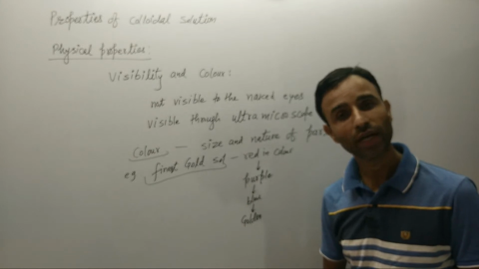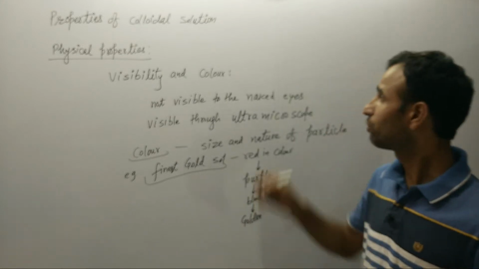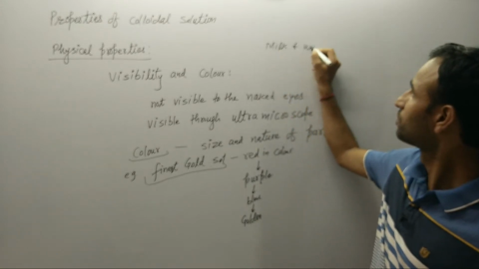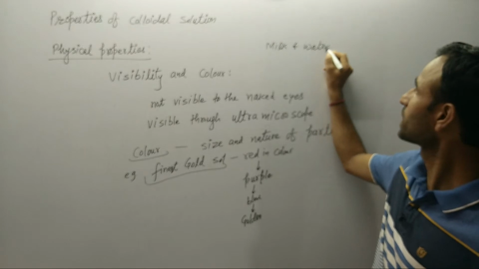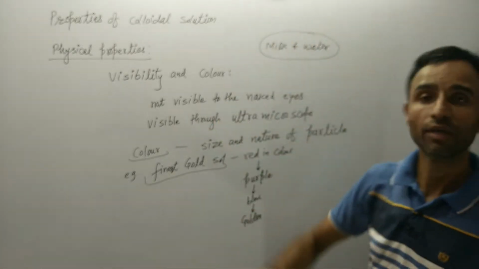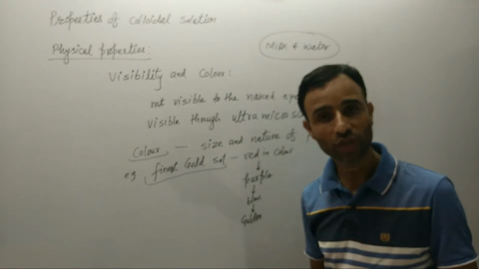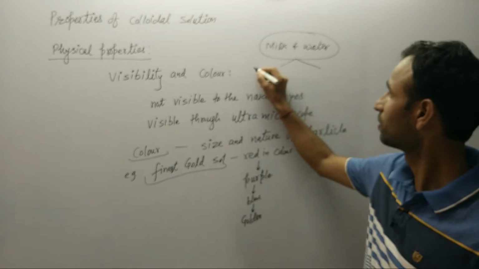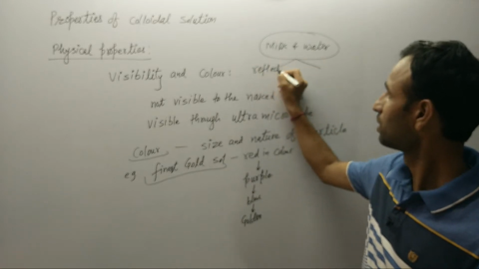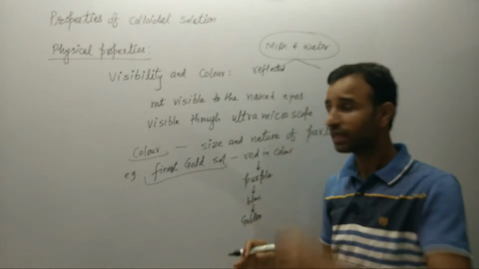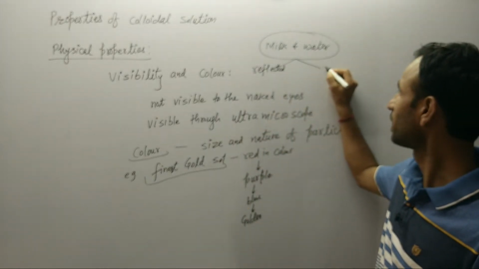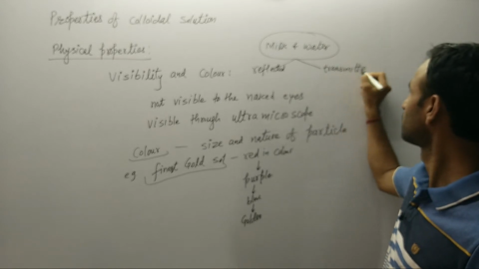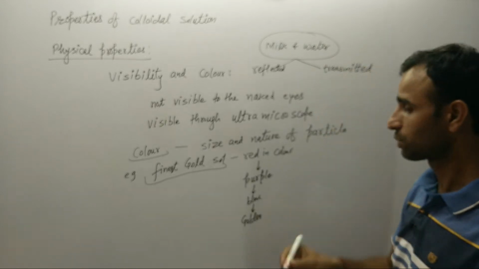Now, if we have milk and water mixture, then it also depends upon which light we are observing, reflected light or transmitted light. So if we look at 90 degrees, then colors in reflected light and transmitted light are different.